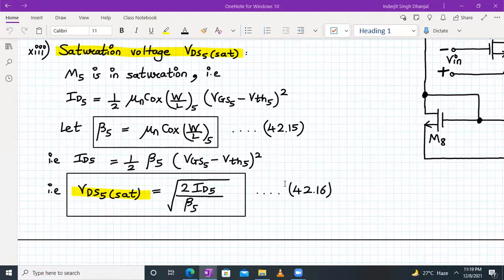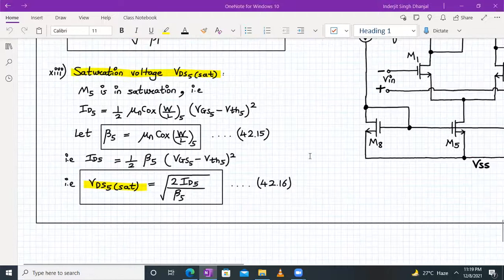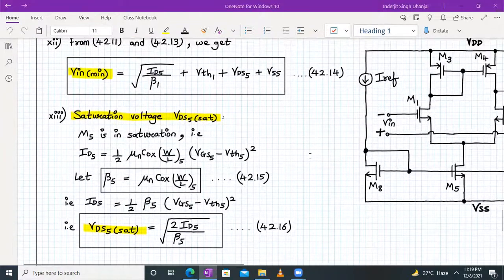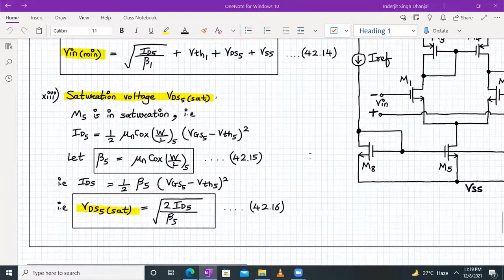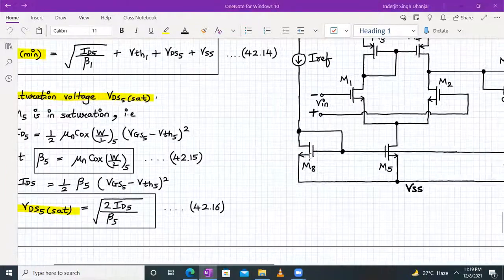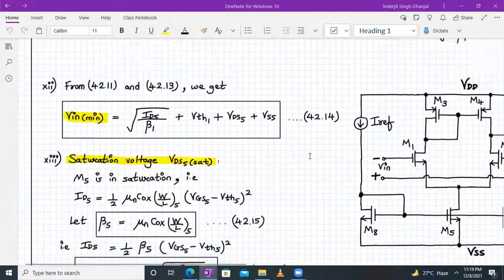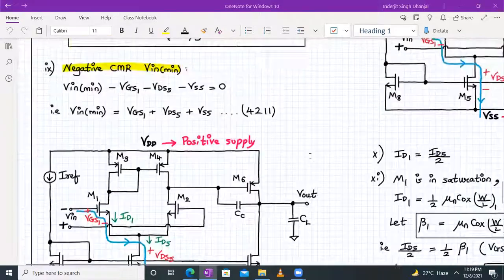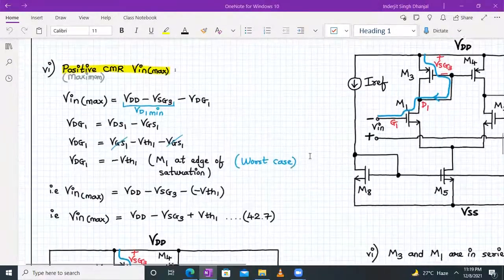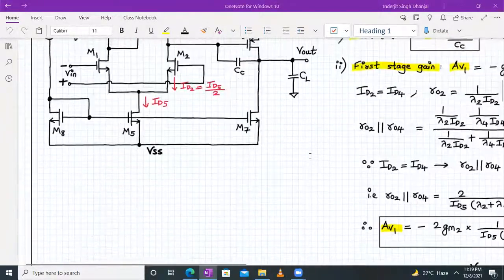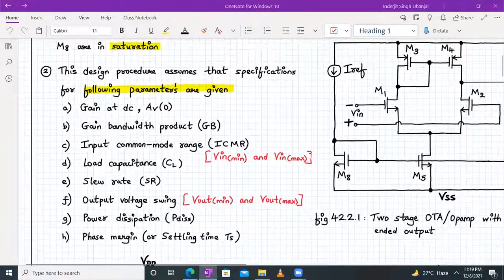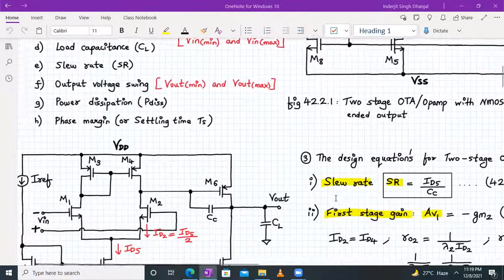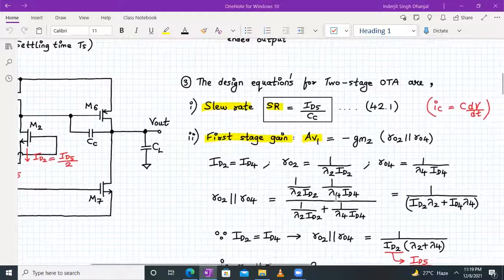Okay, and these are all the design equations related to your two-stage OTA, or we can even call it an op-amp, right? So let us revise from the start. These were the specifications, and we started with the design equations for the two-stage OTA.